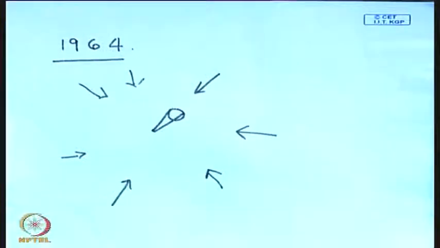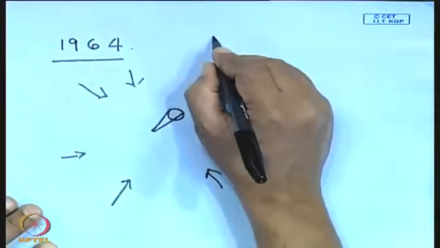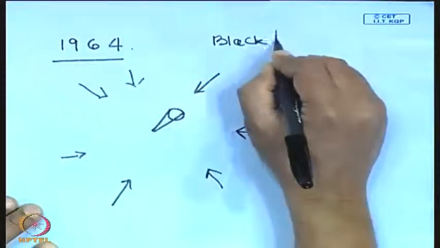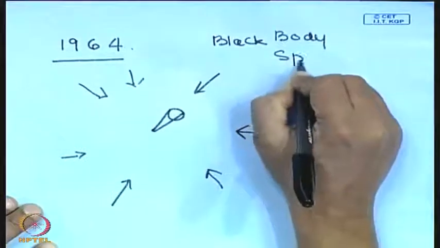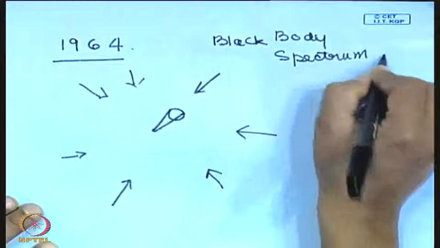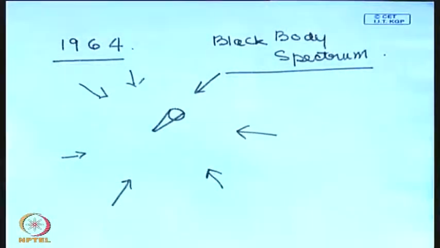And this cosmological radiation was expected to have a black body spectrum, a Planckian spectrum.